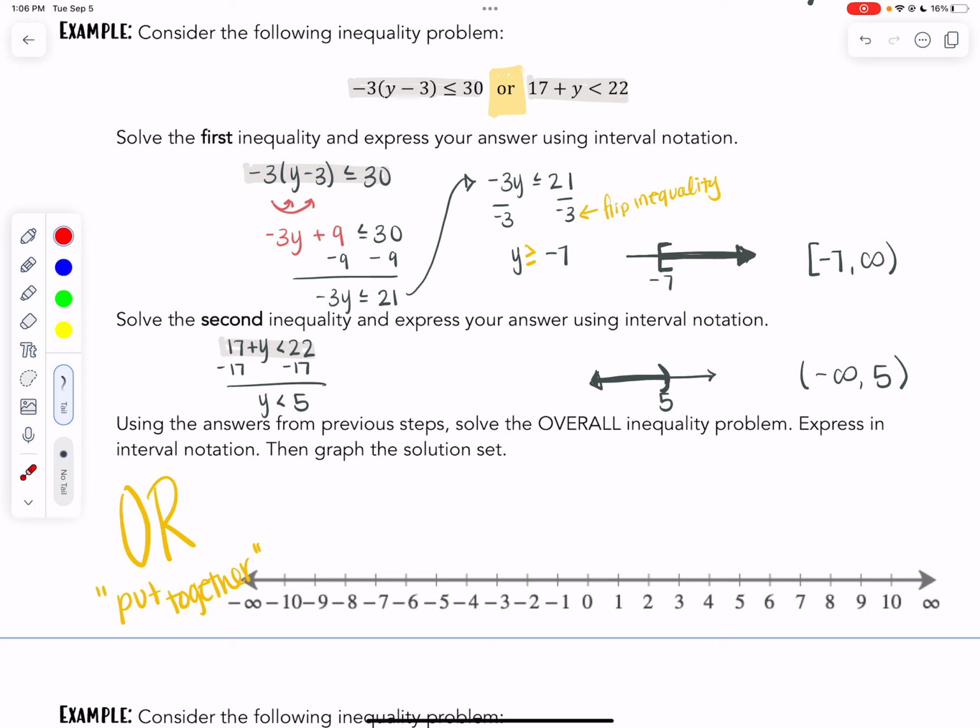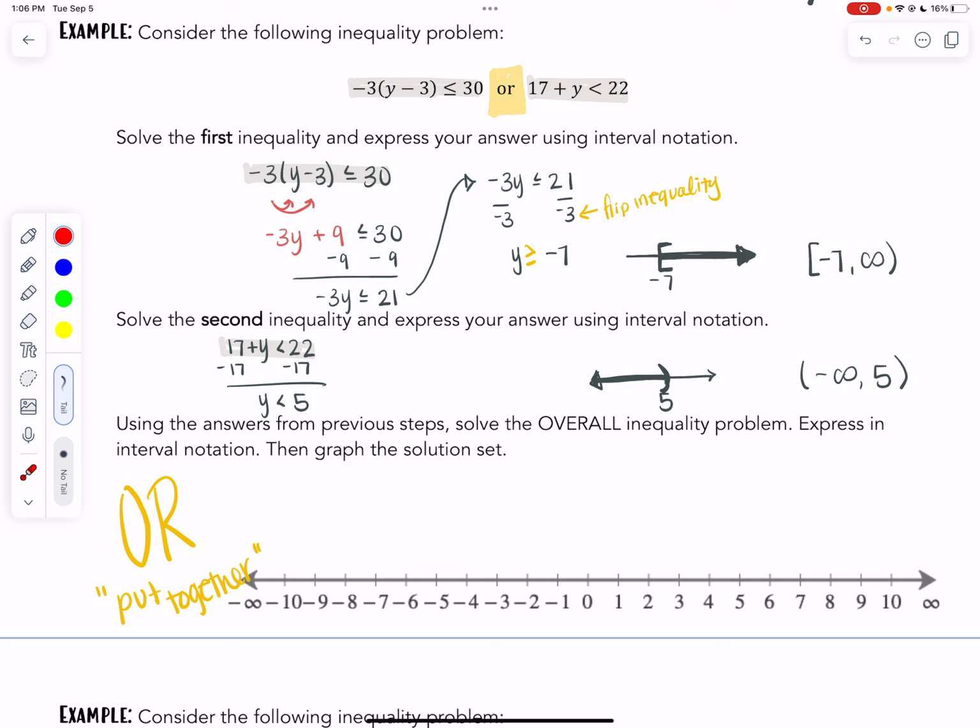Now step 3 says, using the answer from the previous step, solve the overall inequality. The overall being the or part. Or is I'm going to put the graphs together, and then let's see what turns out. So I'm first going to graph this one.